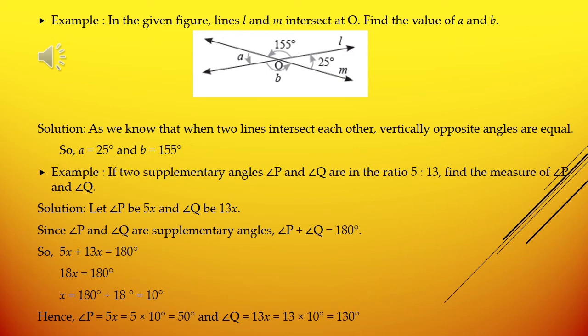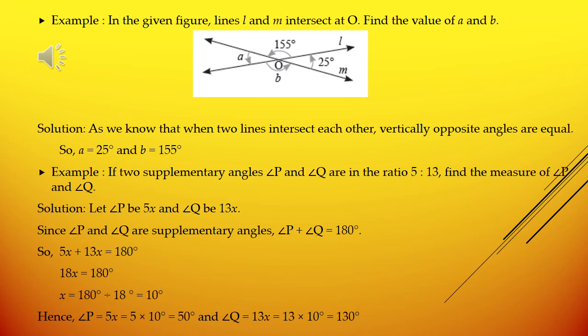So we can write 5x in place of angle P, and in place of angle Q, we can write 13x. So 5x plus 13x is equal to 180 degree. That is 18x is equal to 180 degree. So x is equal to 180 divided by 18, that is 10.